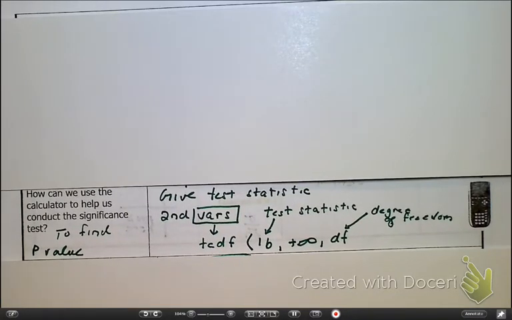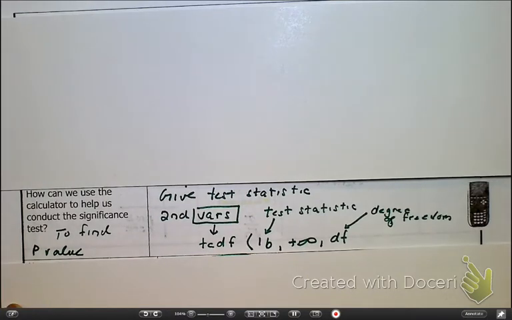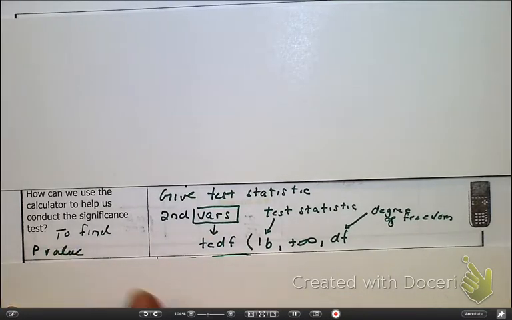I thought it was an 84 only, so I decided to see if it's an 83. Why could it not be an 83? And it's there. So here is how we can find the p-value in the calculator when we are given a test statistic.